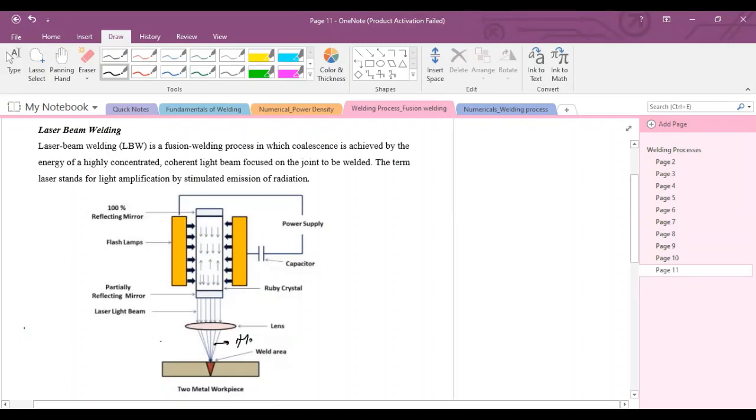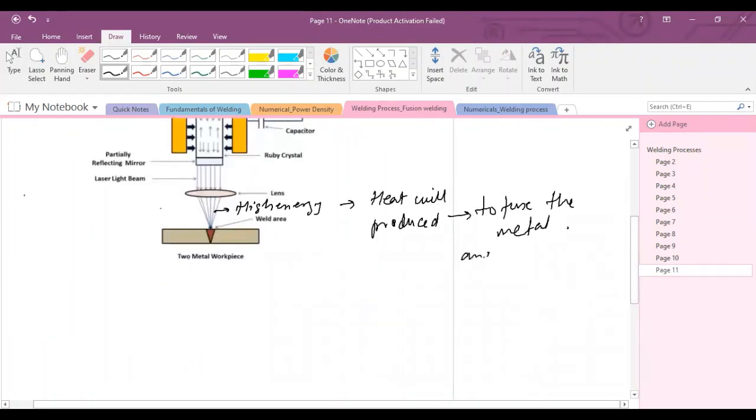This laser beam has high energy, and due to this high energy, heat is produced, and that heat is used to fuse the metal. When the metal fuses and solidifies, it forms a proper weld joint.